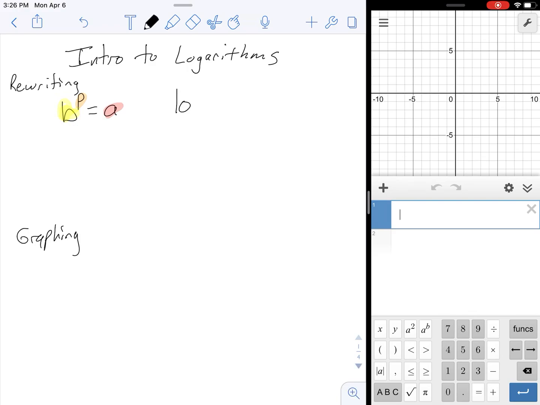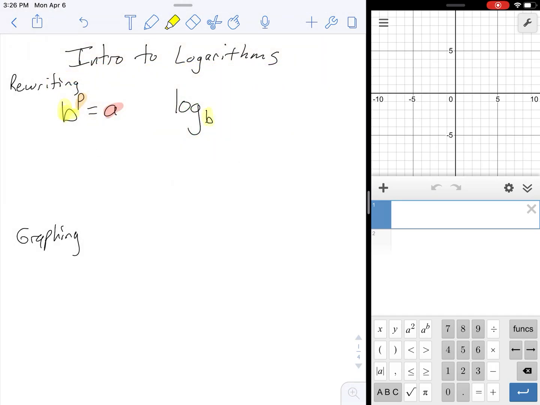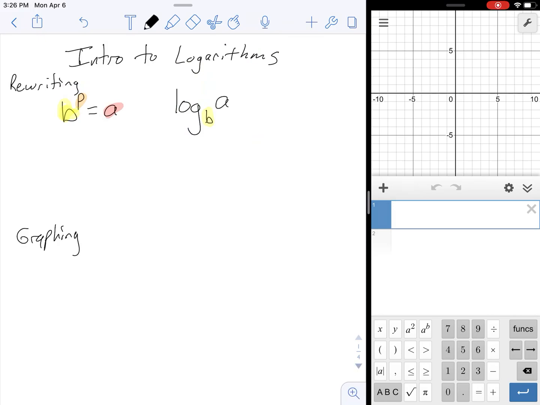So all logarithms begin with log, except the natural log, but whatever. Okay, all logarithms have a base, b, that's the same b as you have over in the other equation. All logarithms have an argument, a, which is analogous to the answer over there in red.